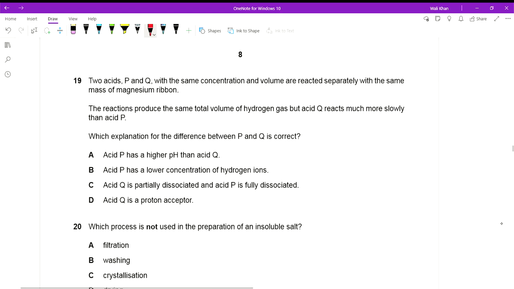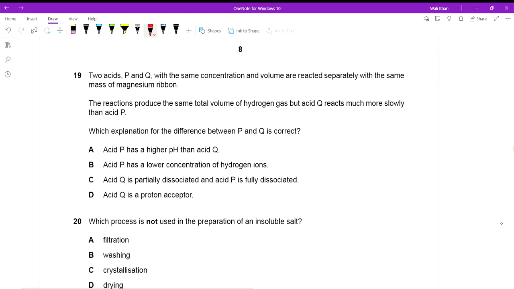Two acids P and Q with the same concentration and volume are reacted separately with the same mass of magnesium ribbon. The reaction produces the same total volume of hydrogen gas, but acid Q reacts much more slowly than acid P. Which explanation for the difference between P and Q is correct?